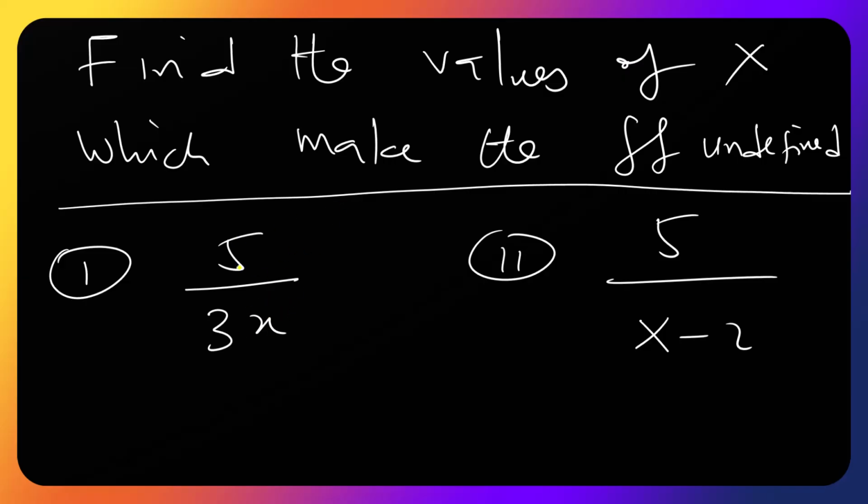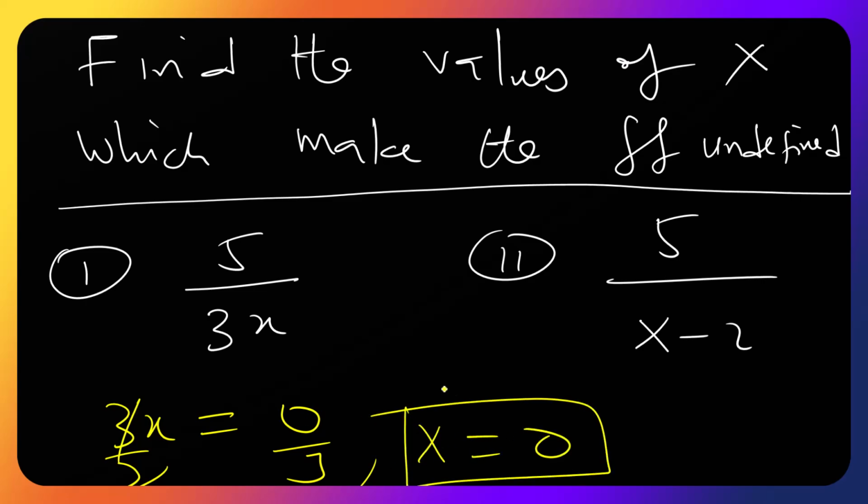So for this one to be undefined, 3x must be equal to 0. So when I divide both sides by 3, 0 over 3 will still be 0. So when x equals 0, the expression here will be undefined. Okay, so the value of x that will make this undefined is 0.